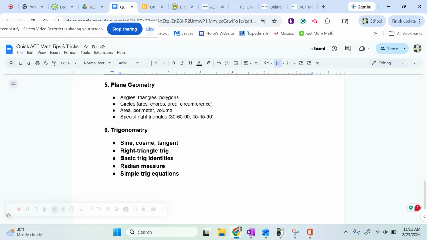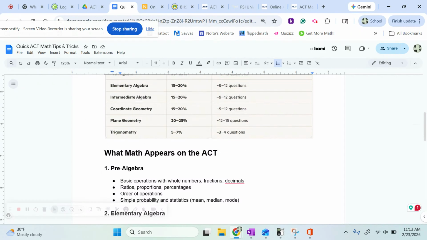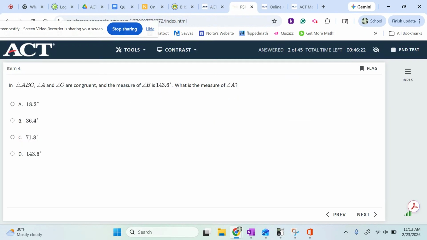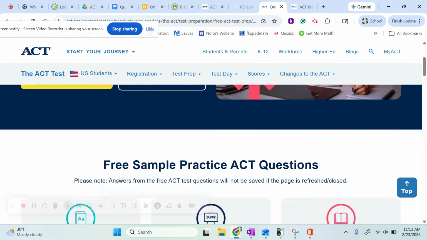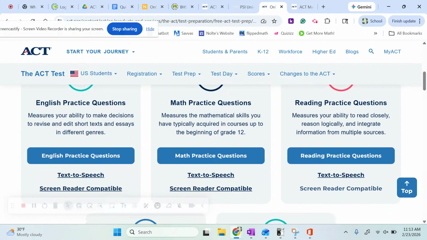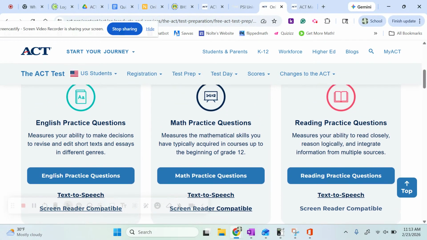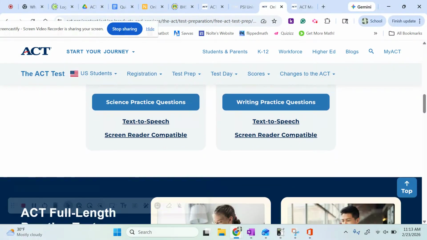Okay, so if you are someone who wants to study this stuff specifically and get a little extra help, the ACT website has a ton of good stuff, and they'll even do tutoring specifically on different topics. But here's a bunch of practice tests that you can take for each individual test.